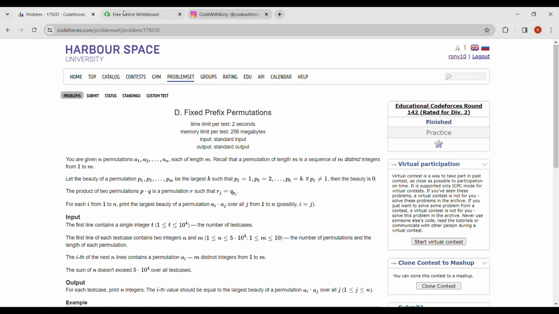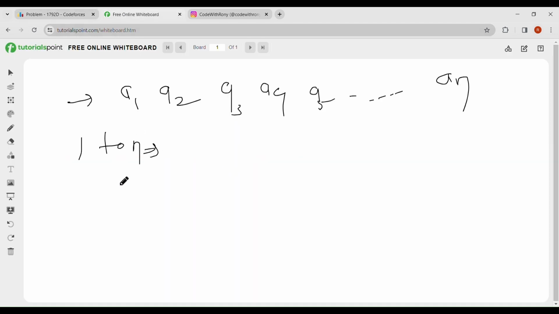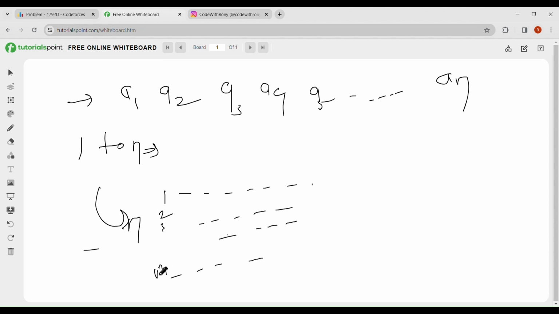And this is of length n. There are n permutations, and every one will have the numbers from 1 to n.